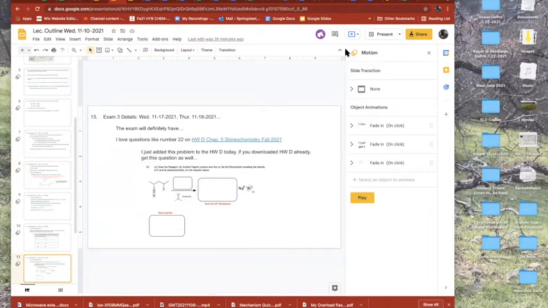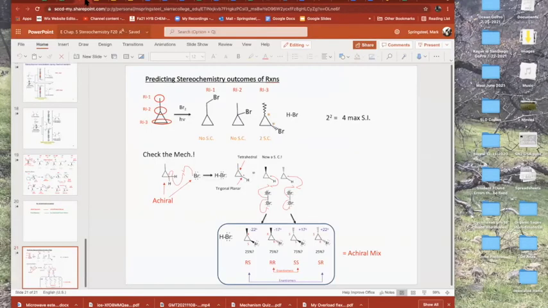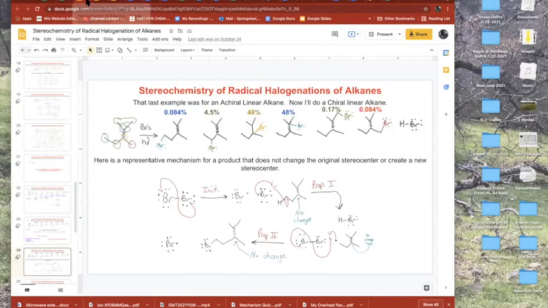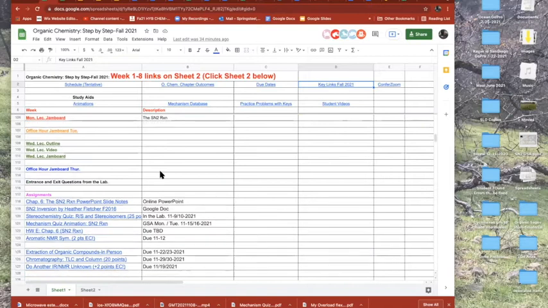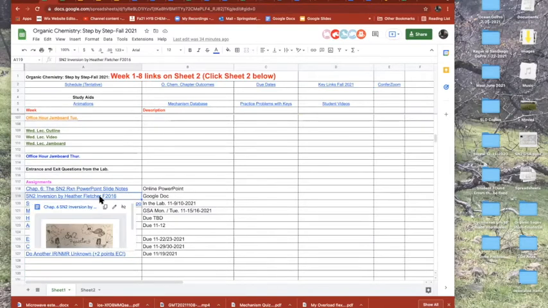All right, so back to chapter 6. We did some SN2. I'll show you something I added, the Heather Fletcher sheet from before.